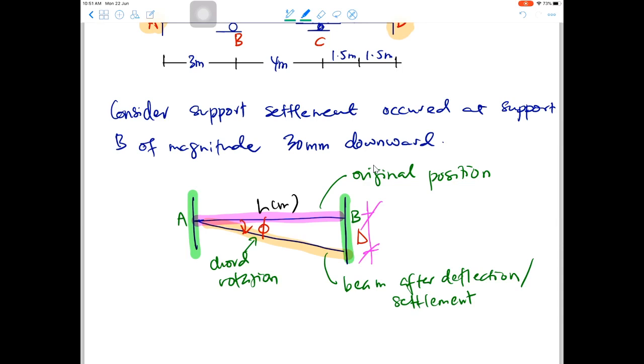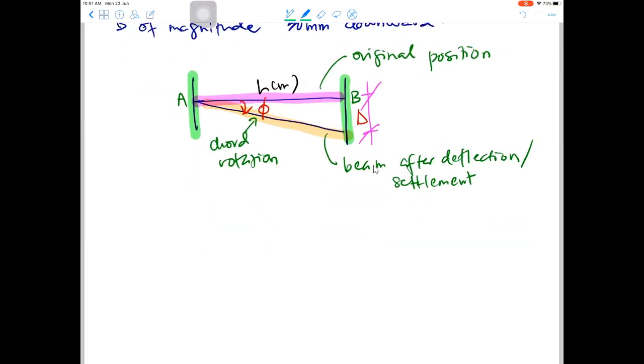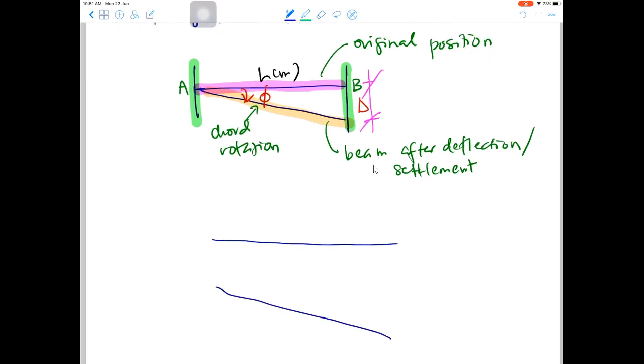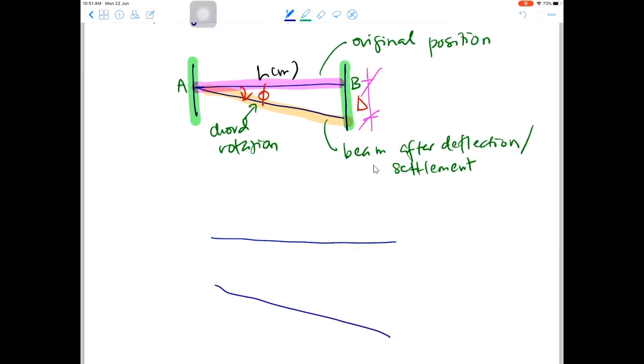And please look at this. The original position is here. Due to settlement, the beam is pushed to move to this position.